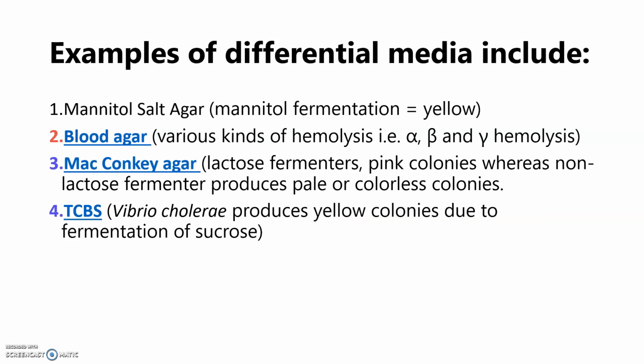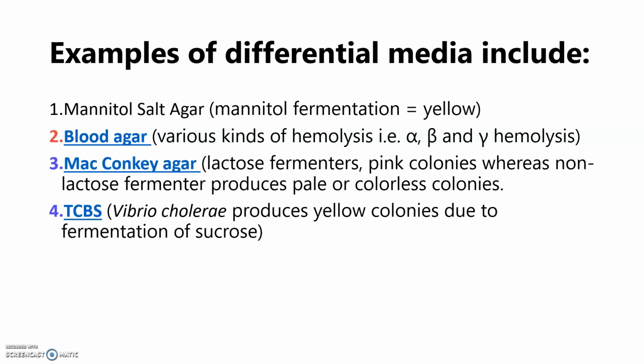Examples of differential media include mannitol salt agar. Mannitol salt agar is mainly to isolate Staphylococcus aureus, because Staphylococcus aureus undergoes mannitol fermentation and produces yellow colonies. Blood agar, which may produce various kinds of hemolysis.